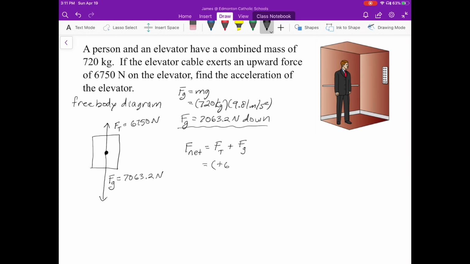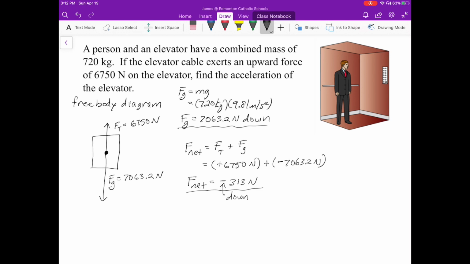So positive 6,750 newtons plus negative 7,063. And we get the net force to be negative 313 newtons. We just didn't write down the 0.2 there, the decimal place, but we kept it in our calculator. So that negative sign means that the net force is down.